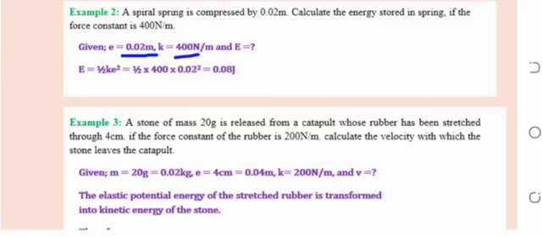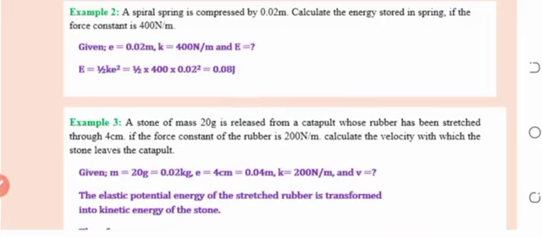We are looking for the elastic potential energy. Using this equation, half Ke squared, and substituting the parameters, we have half multiplied by 400 multiplied by 0.02 squared, and that will give us 0.08 joule as the answer.